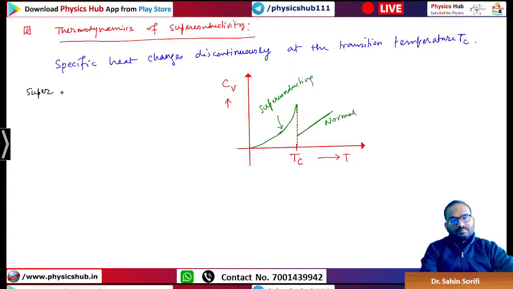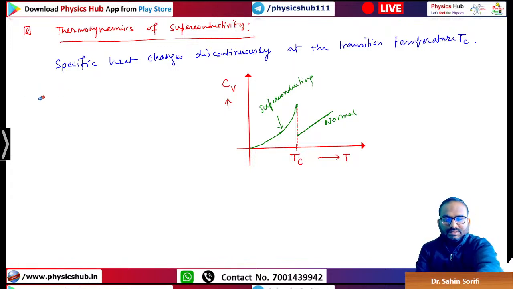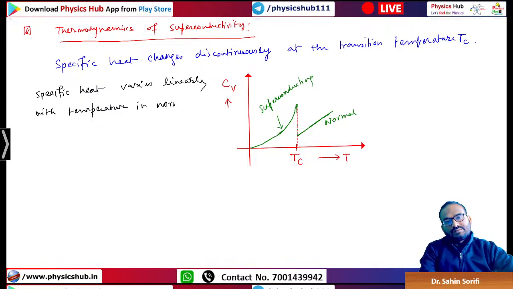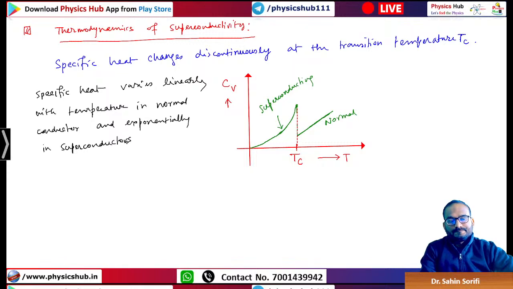So the specific heat varies linearly with temperature in a normal conductor, and exponentially in a superconductor. The superconducting behavior is given by Cv equals e to the power minus a by T, where a is a constant, right?